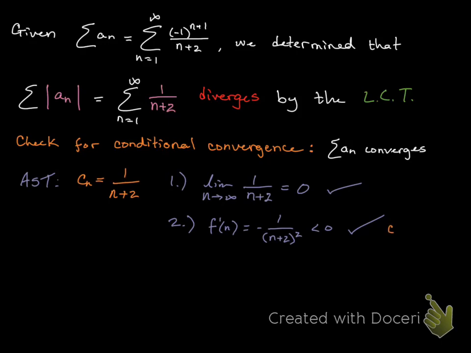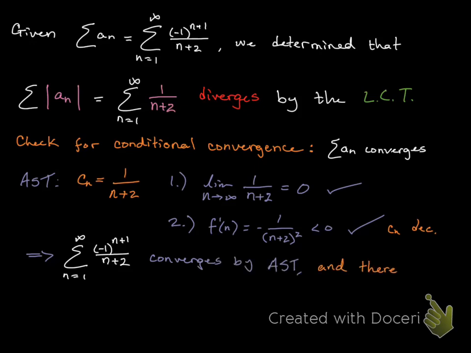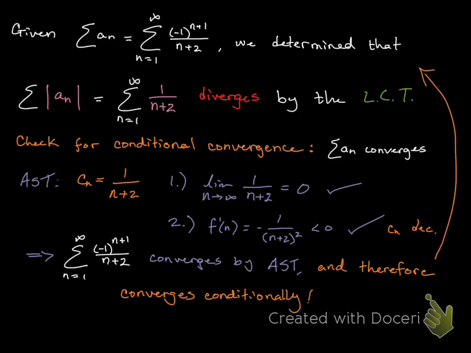So from the alternating series test, the sum of minus 1 to the n plus 1 over n plus 2 converges by the alternating series test, and therefore converges conditionally. And it converges conditionally because up top we determined that the absolute value diverged and the original series converged.